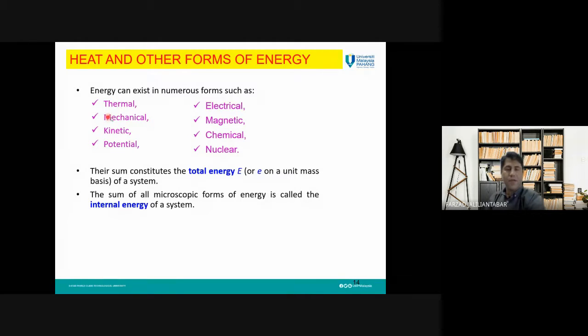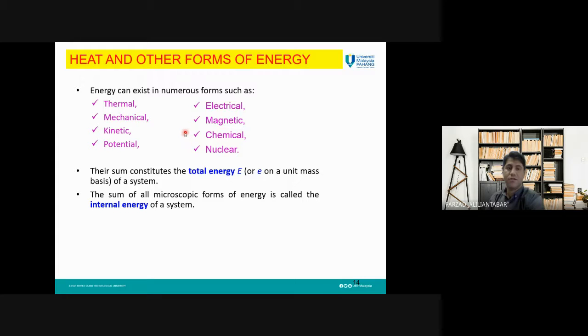Up to here, I told you heat is a form of energy. Let's go back to the concept of energy to see more detail about this type of energy. Energy can have different forms like thermal, mechanical, kinetic, potential, electrical, magnetic, chemical, and nuclear.